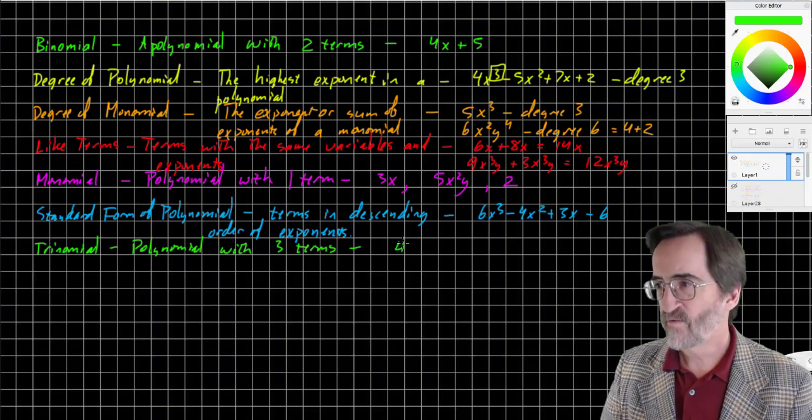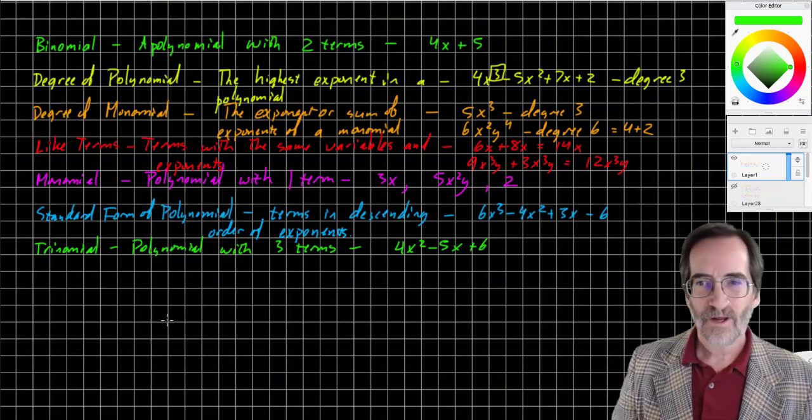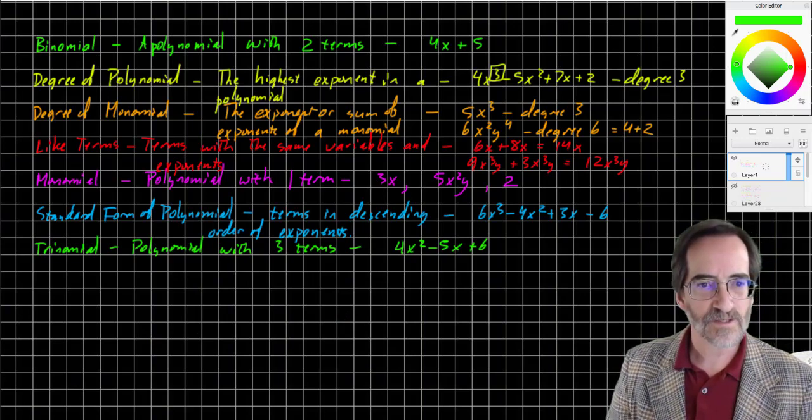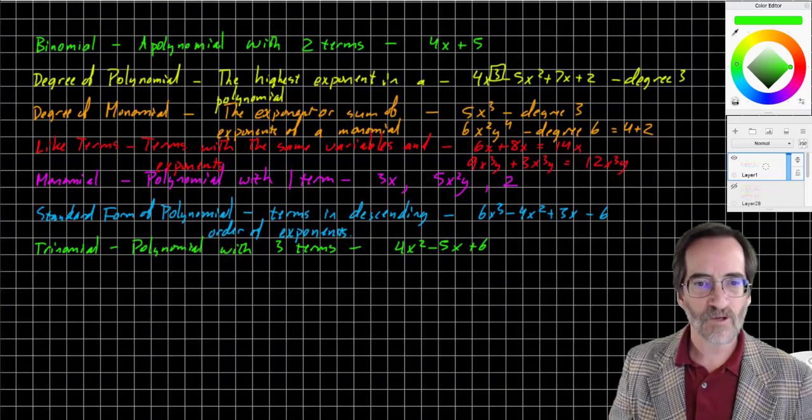Example, 4x squared minus 5x plus 6. 3 terms. Okay, that's all the keywords for Unit 3 Lesson 1. Unit 3 Lesson 2, multiplying by binomials. Let's see what they have here. Greatest common factor, monomial and polynomial.